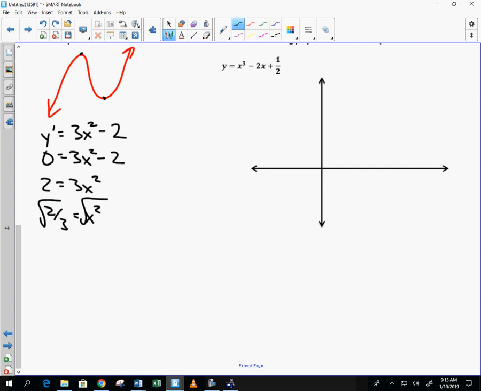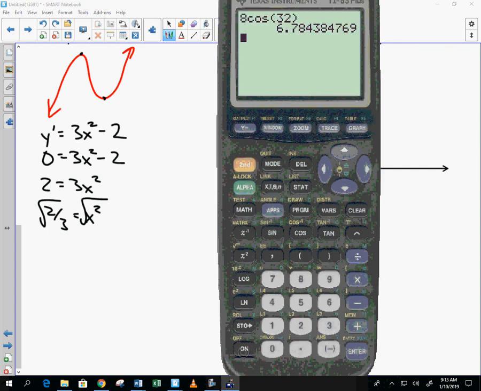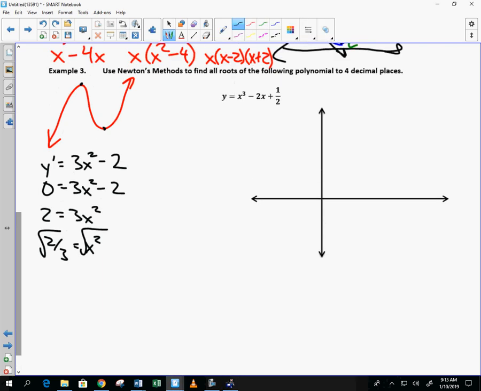So I'm going to look for the square root of 2/3. Now, Newton could approximate that pretty quickly. It's going to be about 0.8, right? 0.666. We take it to the 1/2 power, take the square root of it. Sorry, I did it the long way. We get 0.81. Okay with that? So plus or minus 0.81. So it looks like this would happen at 0.81. This would happen at negative 0.81.